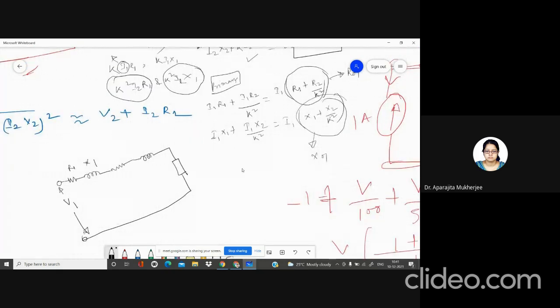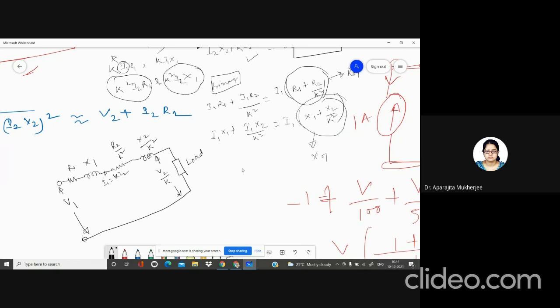The value of this resistance and reactance will be R2 by k square. This is X2 by k square, and this is my load, and obviously then voltage will have some transformation ratio value, and this is our I1, that is none other than k into I2.